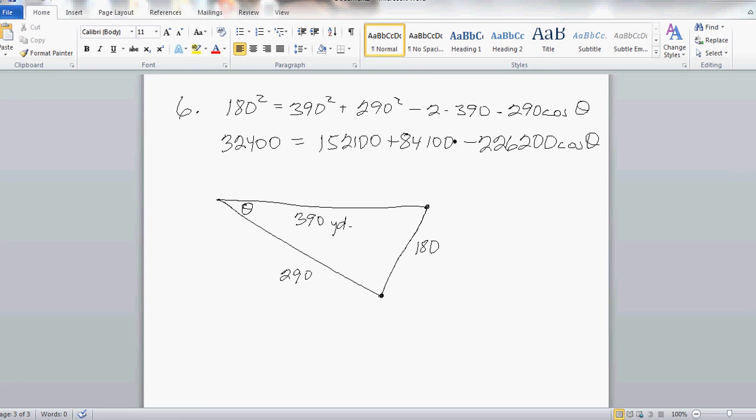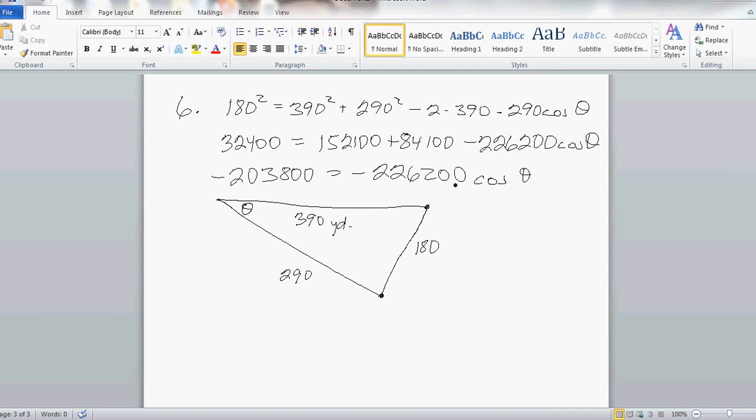So I'm going to take these two, add them together, and subtract them from both sides. So 152,100 plus 84,100, and I'm going to subtract that from both sides, gives negative 203,800 equals a negative 226,200 cosine of theta.